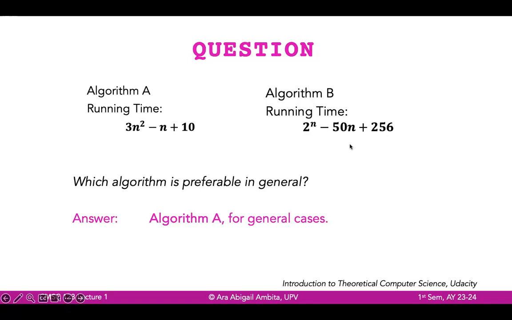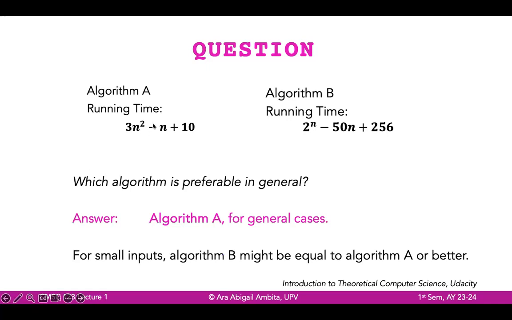So even if both of them have minus n plus 10, or here minus 50n plus 256, okay? So even if you put here 3n squared minus 500n plus 10, and this one is 2 raised to n minus 50n plus 256, still, this exponential will give you a bigger running time if the input size is very large.